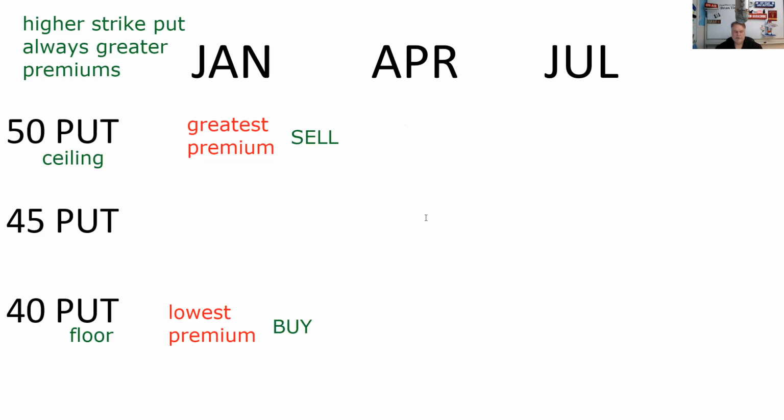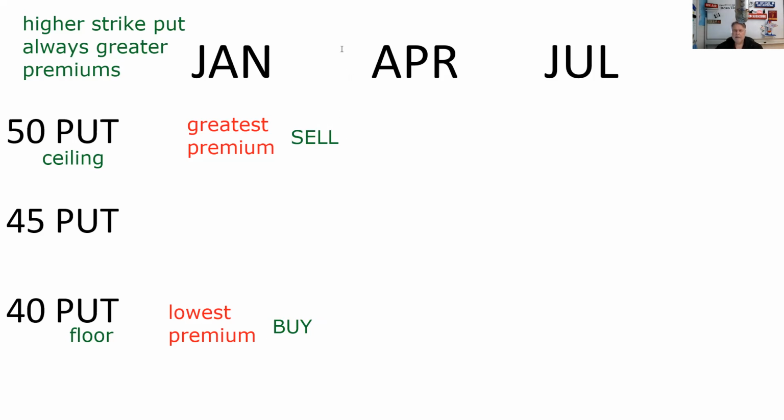And now I would know that that's going to be a credit put spread. Again, larger premium dominates. And so my obligation to buy at 50, at least though somebody sticks it to me at 50, I can stick it to the next guy at 40. So that's what we said is 4s and 9s. We love spreads because the action's all between the strikes.